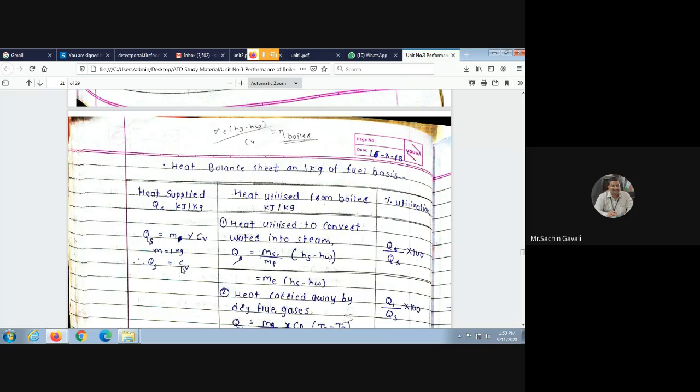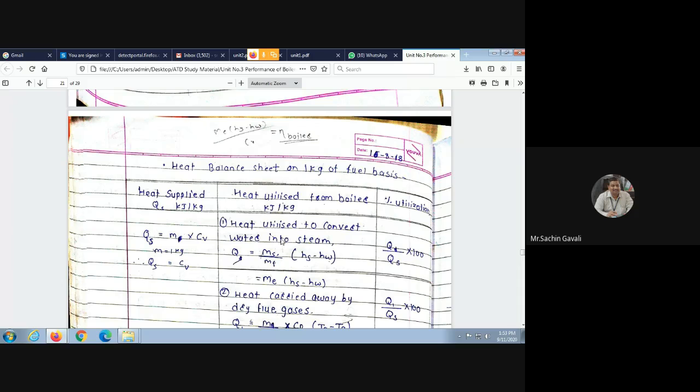Then what is the purpose of a boiler? We have to convert water into steam. So the water should take heat from the combustion of the fuel, its enthalpy should increase, and accordingly it should get converted into steam.